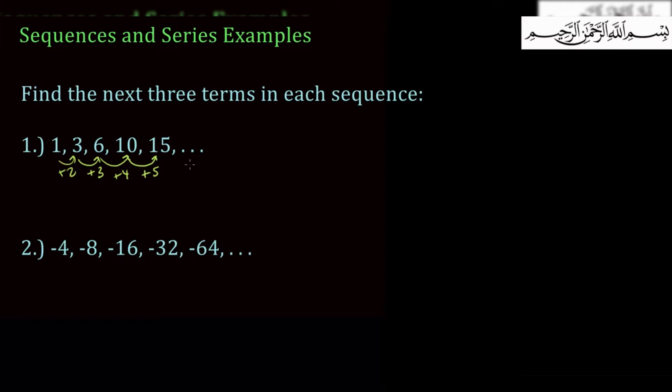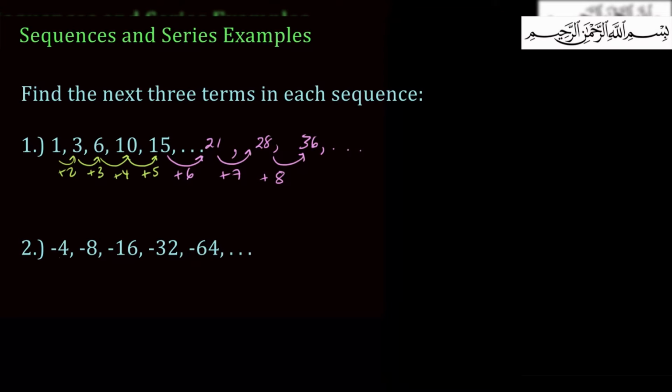So using that, we can generate the next three terms. I have to add 6 to 15 to get the next term. 15 plus 6 would be 21, and then I have to add 7 to 21 to get the next term. 21 plus 7 is 28, and then I have to add 8 to 28 to get the next term, and 28 plus 8 is 36, and we are asked thankfully to only find the next three terms.